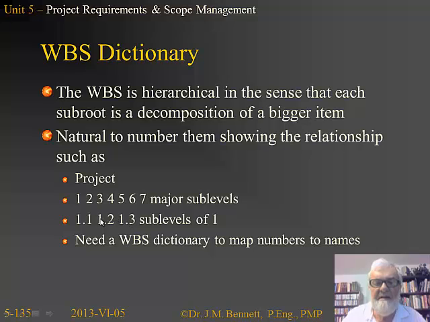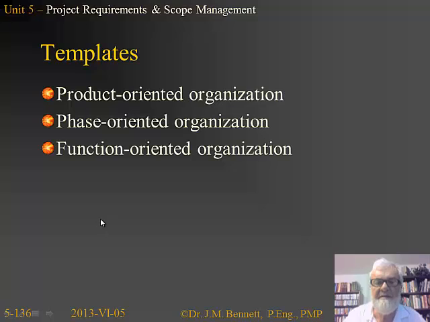Now you can see that we need that dictionary to map this number sequence, which tells you what level of the WBS this item is located at, to the symbolic name as to what the function of that WBSC actually is.